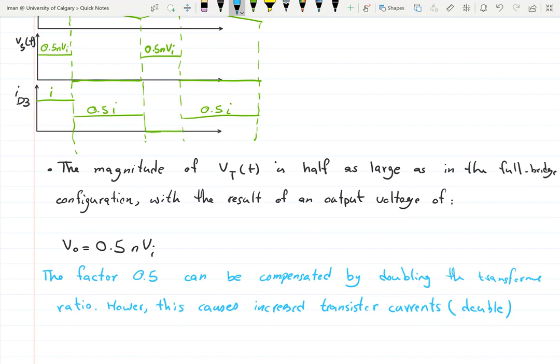So if you use half bridge, the transistors that you use have to be able to burden much more current. So that's the main difference between these two configurations.